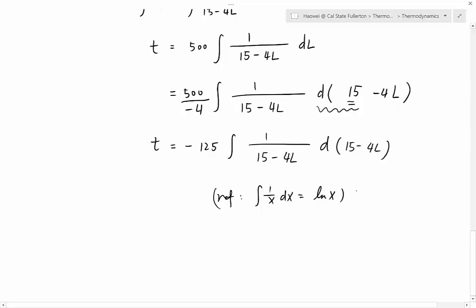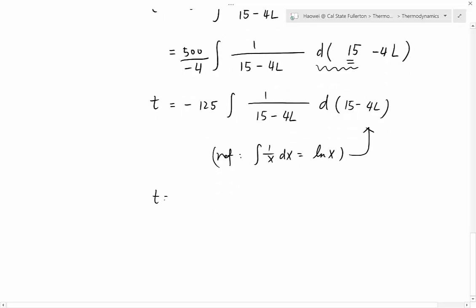So we're going to apply this reference to my right hand side. And what is the x for my problem? The x for me is 15 minus 4L. So now we can rewrite the right hand side into negative 125 and now natural log 15 minus 4L.